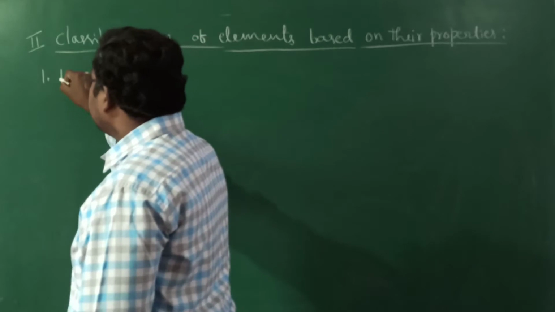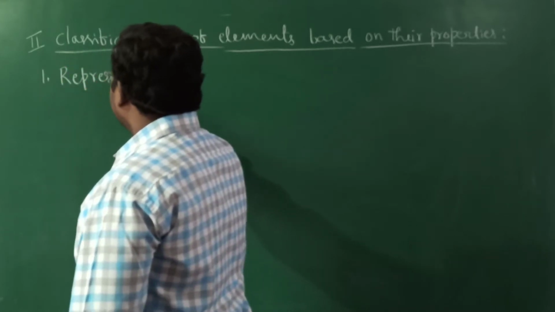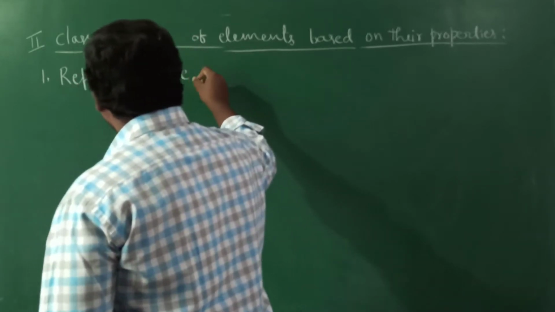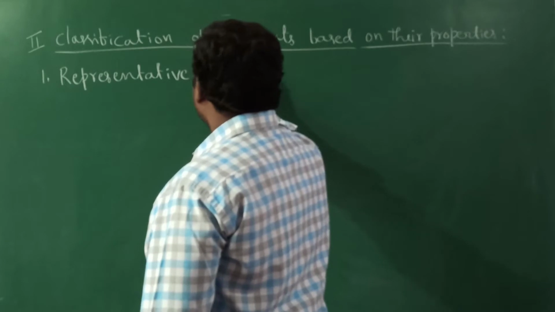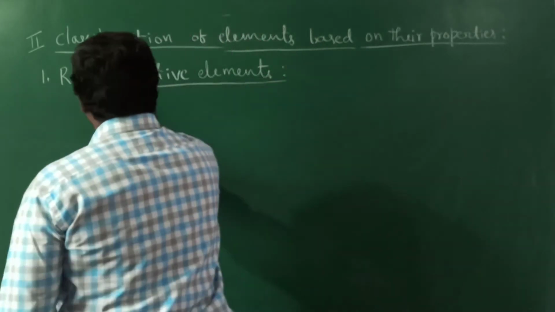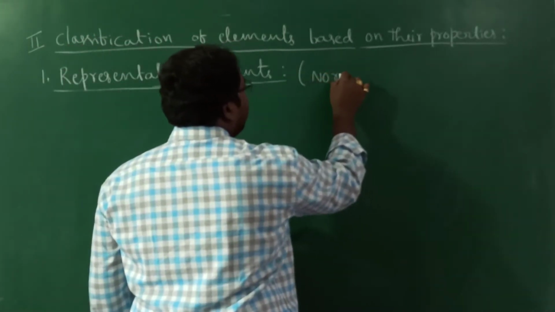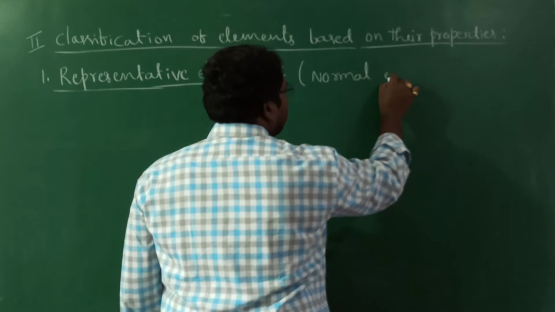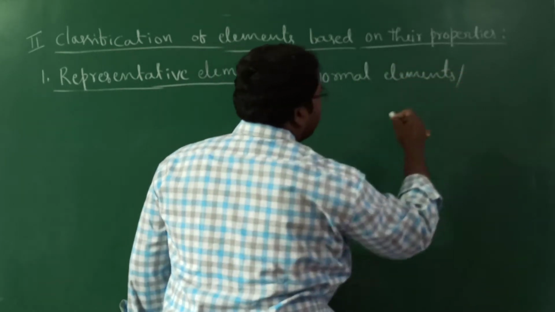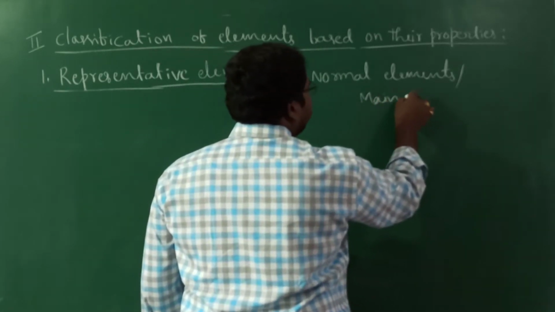These are known as representative elements. Representative elements are also known as normal elements, or even main group elements.